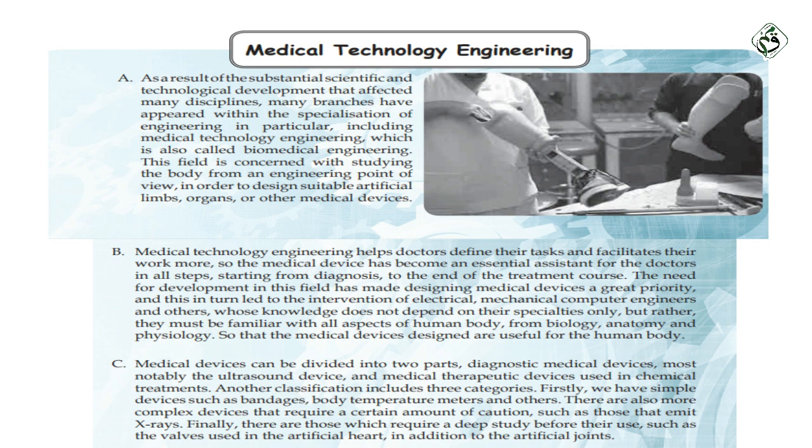There are also more complex devices that require a certain amount of caution, such as those that emit X-rays. Finally, there are those which require a deep study before their use, such as the valves used in the artificial heart, in addition to the artificial joints.